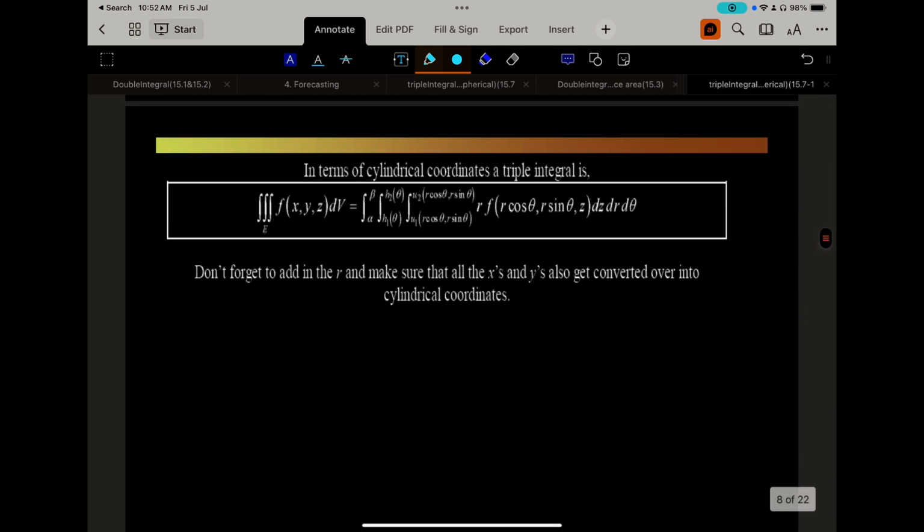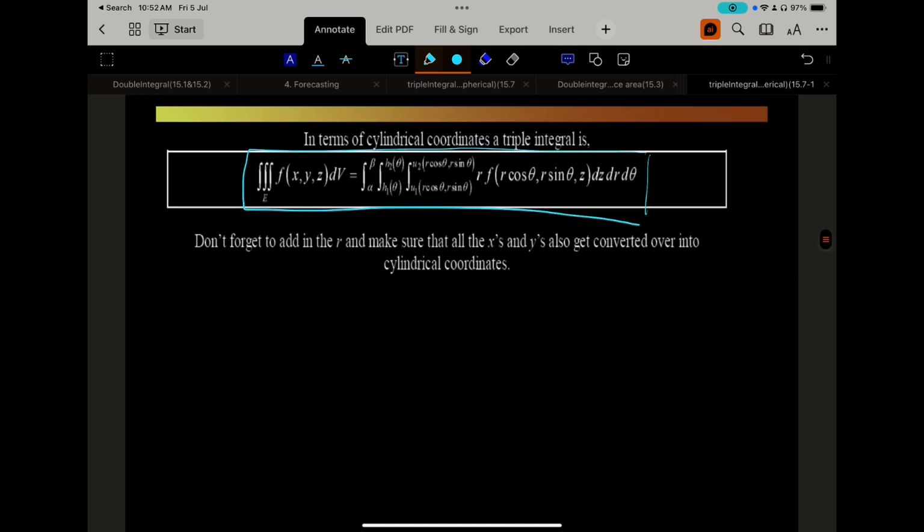And now this will lead us to this triple integral, which in terms of cylindrical coordinates is going to be a bit different, but it's not very different from our regular triple integrals. Now, let's make this more visible to you.